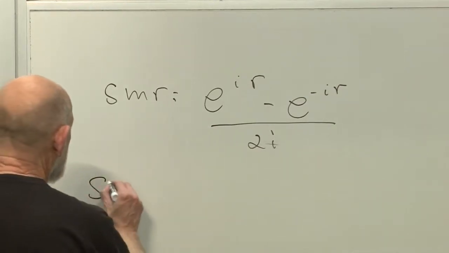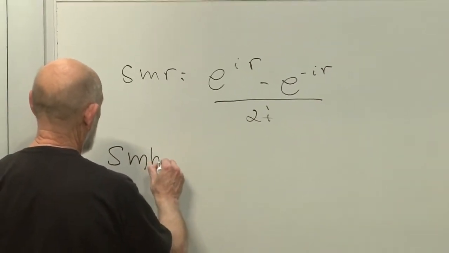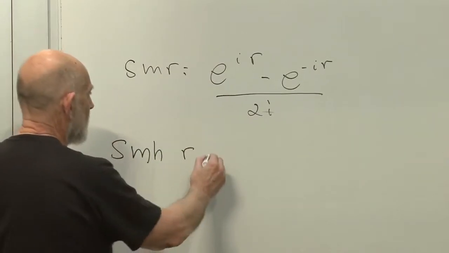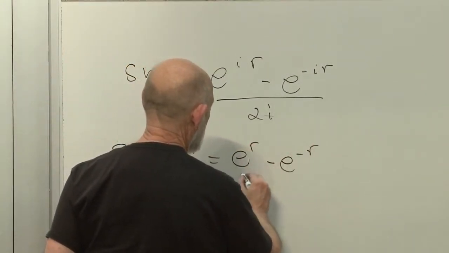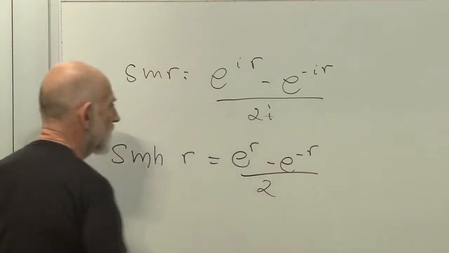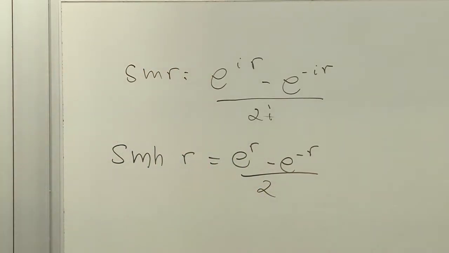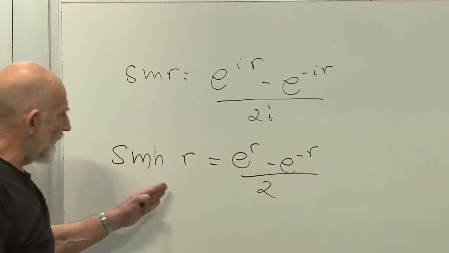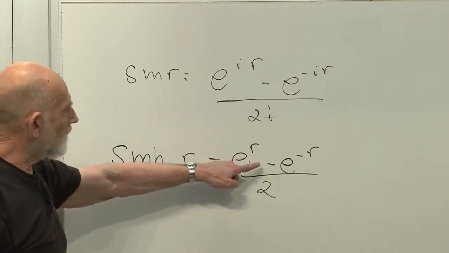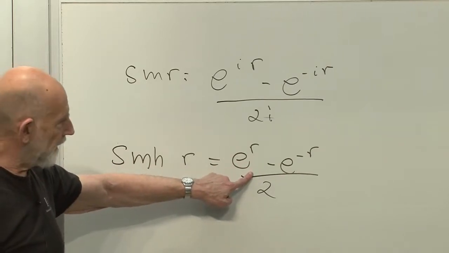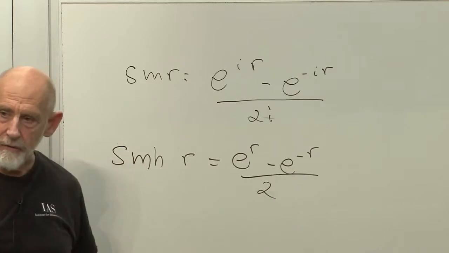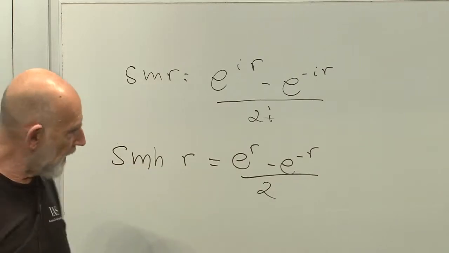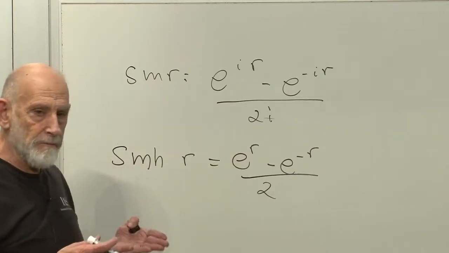Hyperbolic sine is even easier. It's just e to the r minus e to the minus r over 2. In particular, hyperbolic sine for very large r is dominated by e to the r. E to the minus r is a very small number for large r. E to the plus r is a very big number.